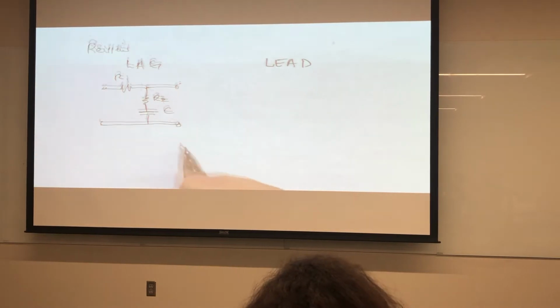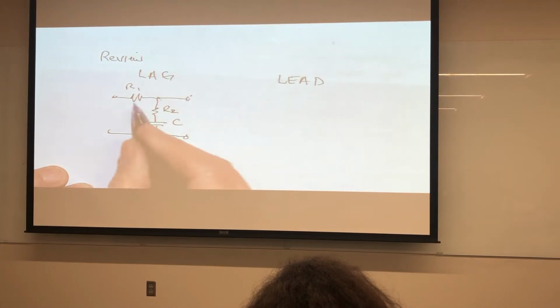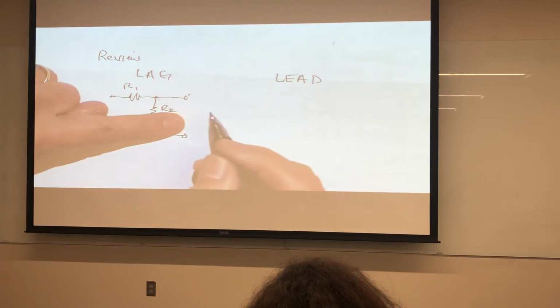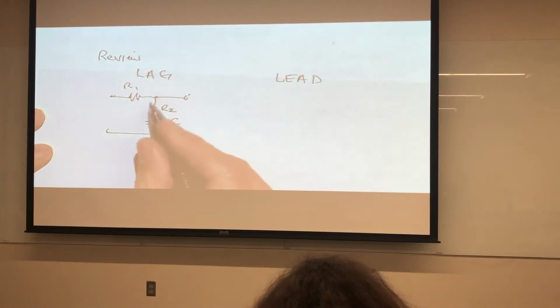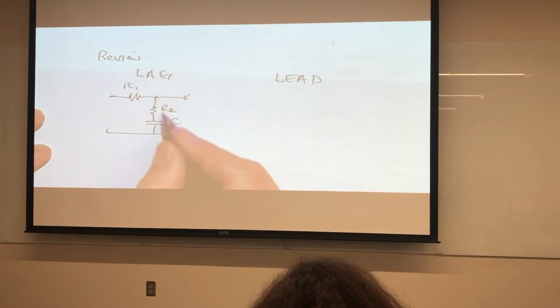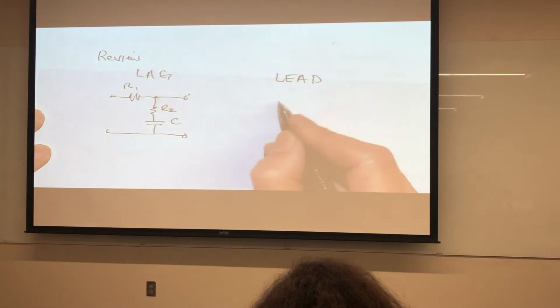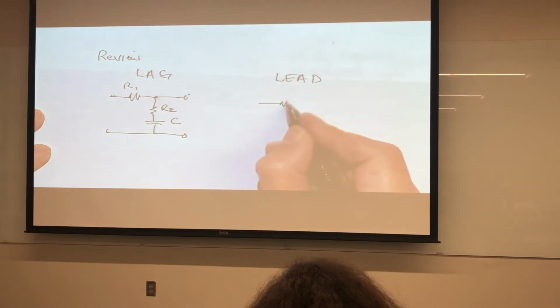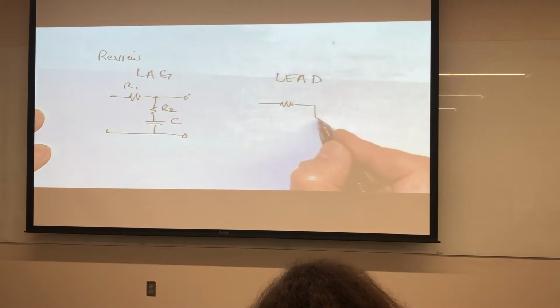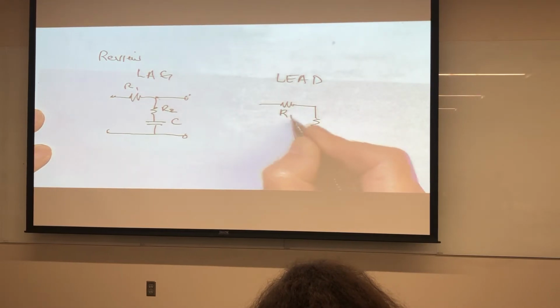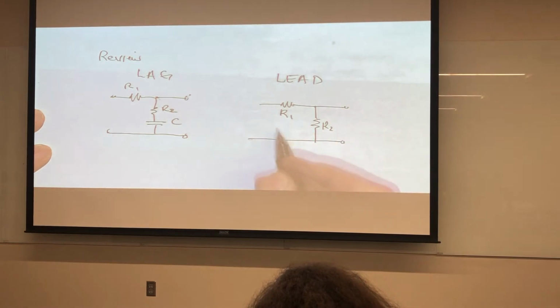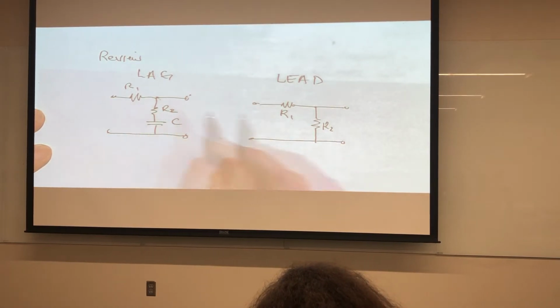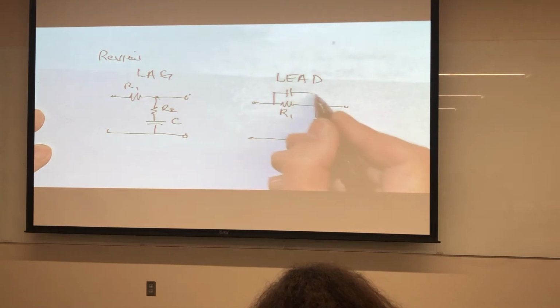Again, 2 resistors that look like they're forming a voltage divider, except here C was in series with this leg. With the lead, again, I have 2 resistors, but now the capacitor is in the other leg, and it's in parallel.